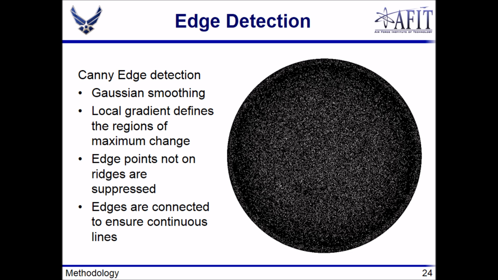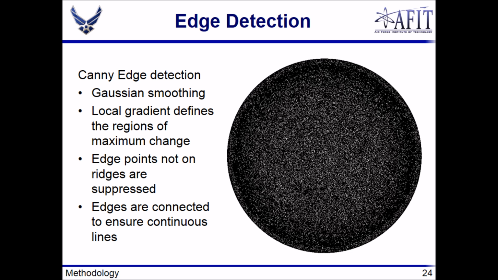And to do this edge detection, I use what's called the Canny edge detector. Essentially it uses Gaussian smoothing, and then it calculates a local gradient at each point on the image, and this gradient is just a derivative approximation essentially.